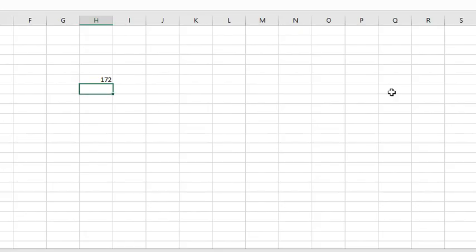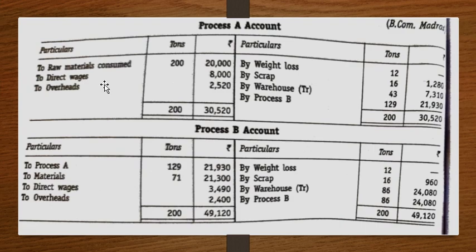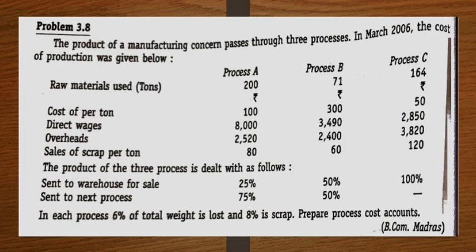The balance is 172. Out of this 172, they have clearly stated in the question that 25% is transferred to the warehouse, and the remaining is transferred to the next process.